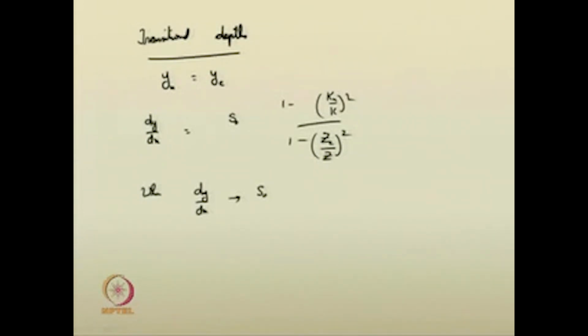This entire quantity tends to 1. That means, your Kn by K condition will be equal to Zc by Z condition. So, that is the slope will be approximately equal to S0 in such situation.